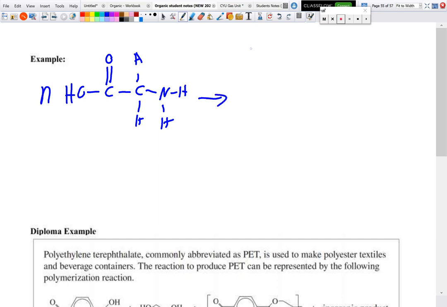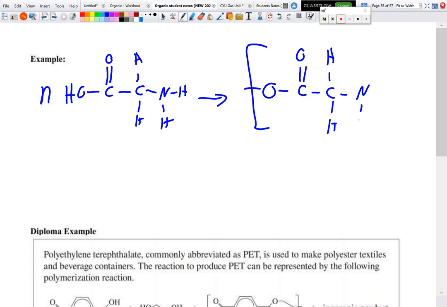This could undergo a condensation reaction, basically react with itself, where we're going to get oxygen bonded to the carbons, something like this, our nitrogen, and then something like that, right, where you can imagine that this oxygen, or sorry, that oxygen can't be written in here because that oxygen needs to go for the amide linkage.